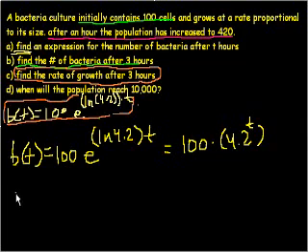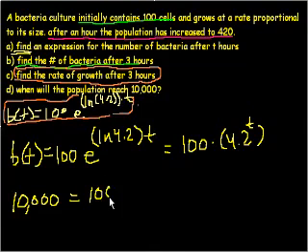So we could just say 10,000 is equal to this, 100. And actually, I'm going to use this one because I'm going to take the natural log of both sides, and it just makes things simpler. 100 e to the ln 4.2 t.